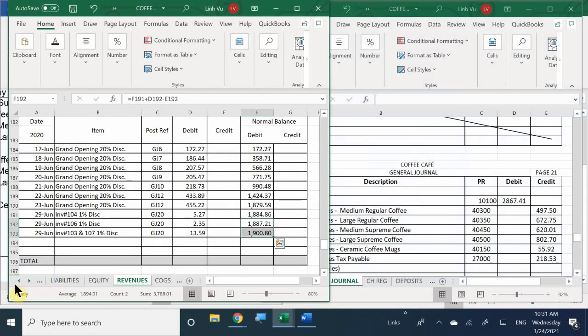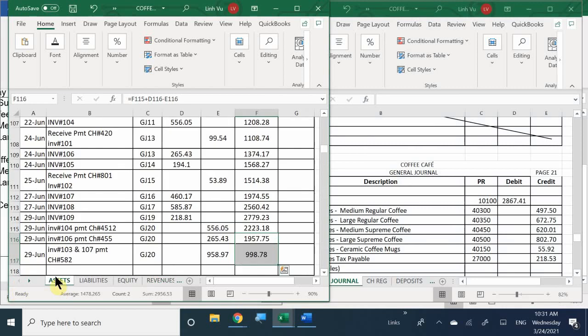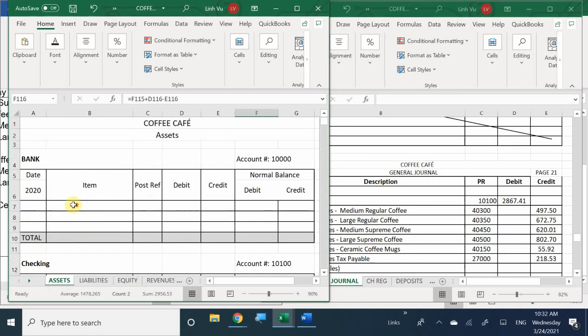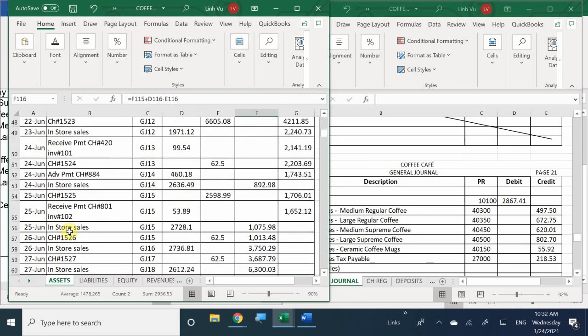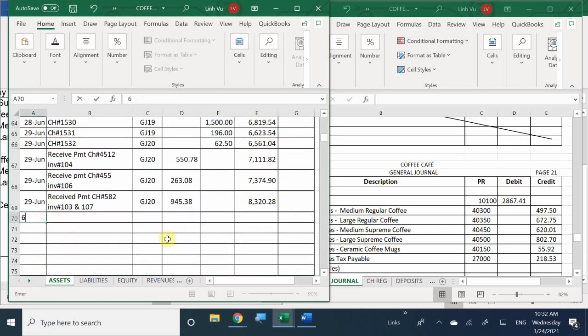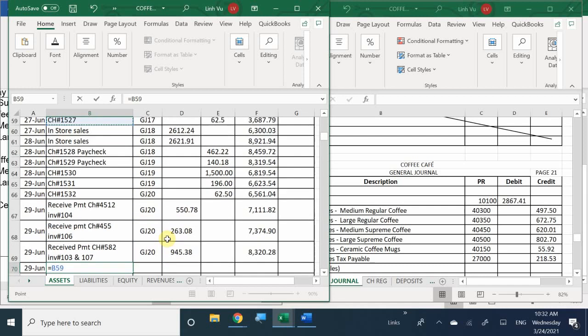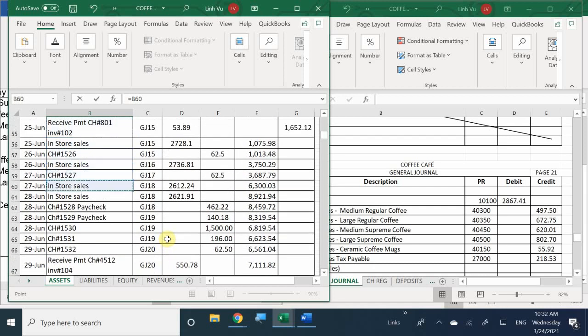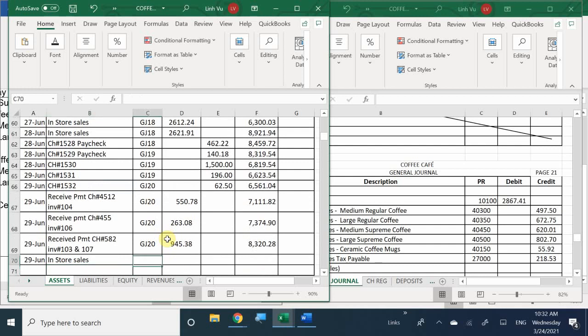Major. Yes. So I'm going to go to checking first. 629 in store sales. Let's see if I have one on here. In store sales. Right? General Journal 21 now.